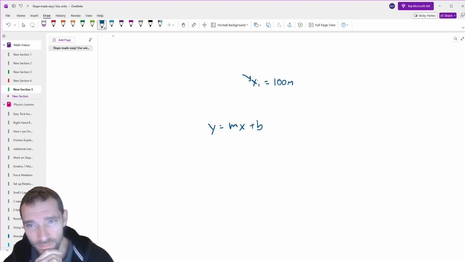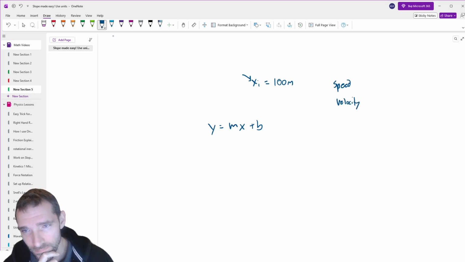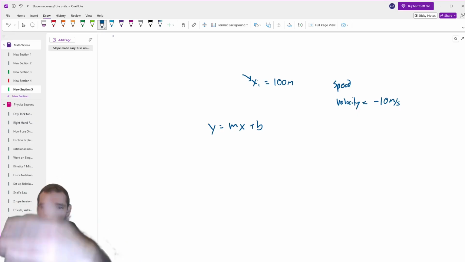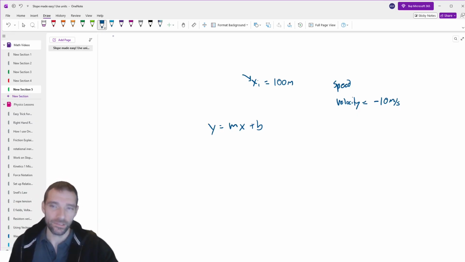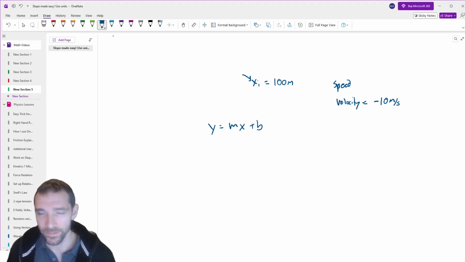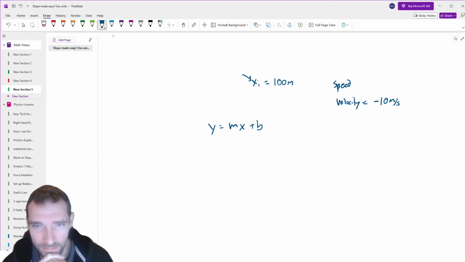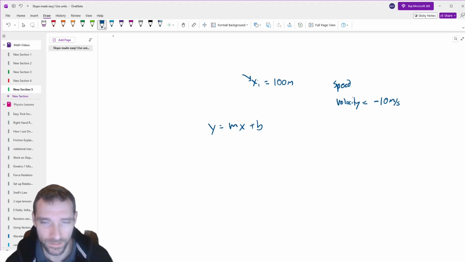But let's say that you've got some speed that you're traveling, or velocity, and you're going negative 10 meters per second. So you started 100 meters forward from, let's say, a car, and then you're coming towards that car now. And we can use this idea of slope to get between position and time.